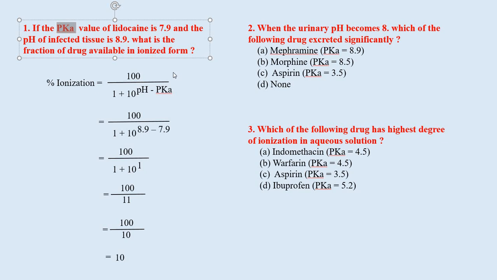So what is the equation for that? Percent ionization is equal to 100 divided by 1 plus 10 raised to pH minus pKa.